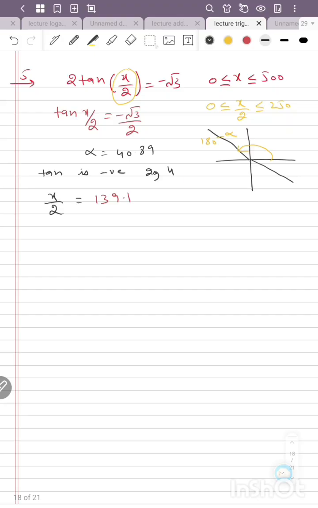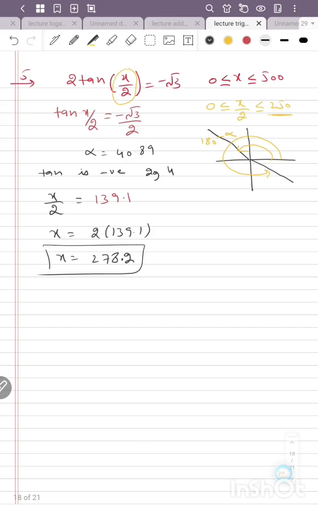We don't need to move further, because our limit is 250, and 270 exceeds 250, so we don't need to move from the second quadrant to the third or fourth quadrant. We have to stick to the second quadrant. Here x by 2 is 139.1, and multiplying by 2, we get the answer 278.2. Hopefully dear student, you have understood this level of questions.